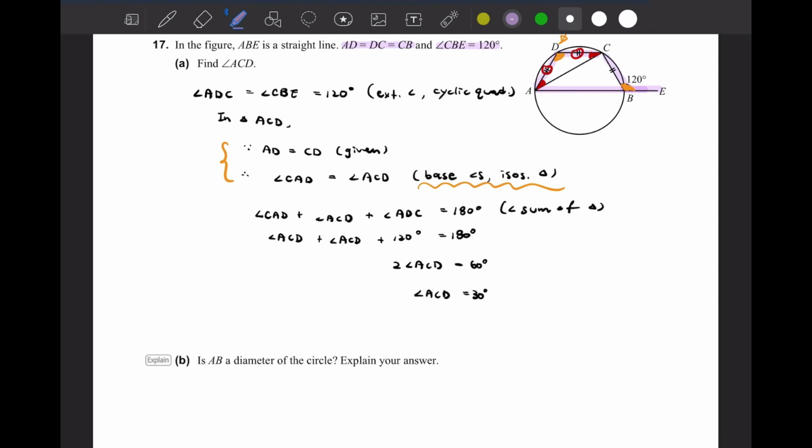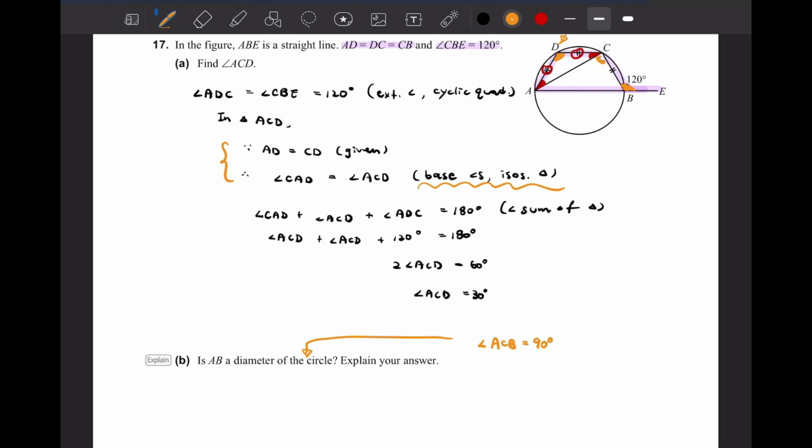So we will be using our converse of angle in the semicircle. If we can prove that your angle ACB, so right on the side, I want to prove that ACB is 90 degrees. If I can prove this, then I can prove this.